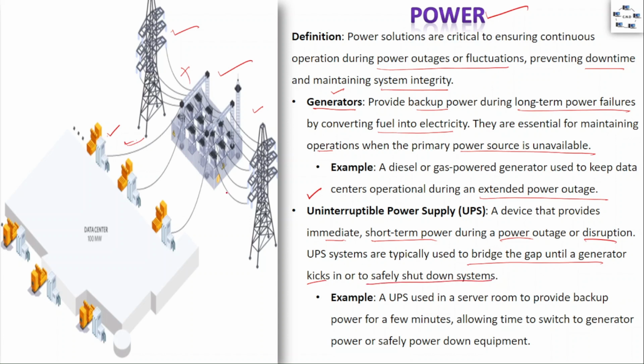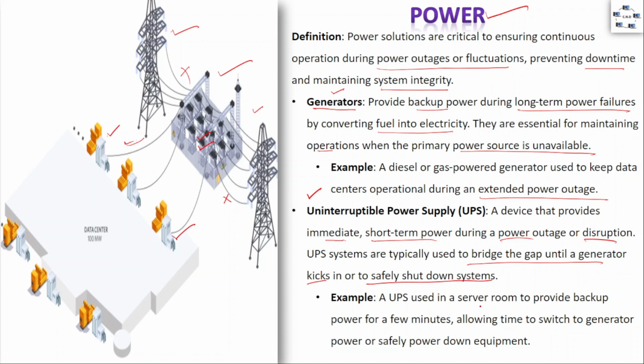When the power suddenly goes out or is disrupted, the generator needs time to kickstart. In this gap, for a few minutes, the UPS is used to keep the critical systems, servers, machines, as well as all the equipment running. So remember, UPS is for the short term, while the generator is for the extended outage.